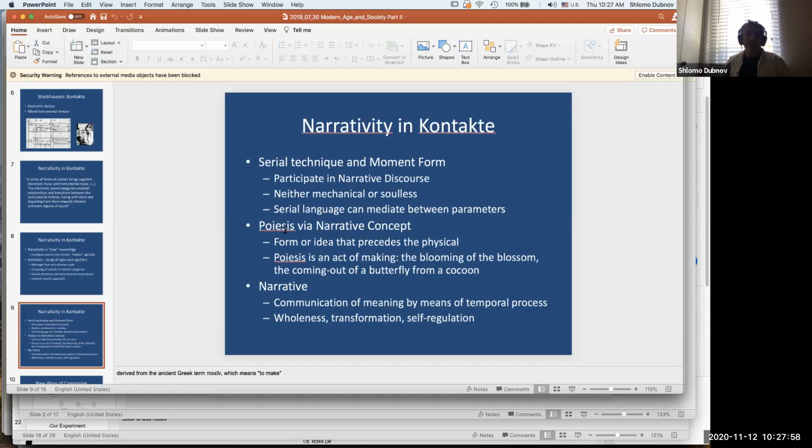Now, what's poiesis? Poiesis is really something that comes out of nothing. Okay, poiesis is this blooming of the blossom. It's the act of making, the coming out of a butterfly from a cocoon. I'm using very poetic definitions, but the idea here is that there is an idea from which something physical emerges.